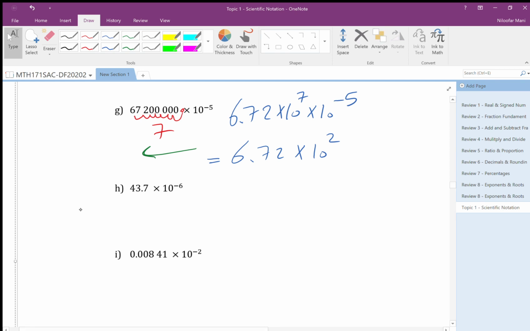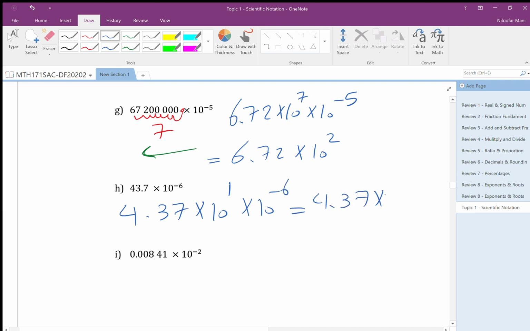Okay, how about this one? This one is 4.37 multiple 10 power 1 multiple 10 power minus 6, which is 4.37 multiple 10 power minus 5. Okay, 8.41 multiple 10 power what?